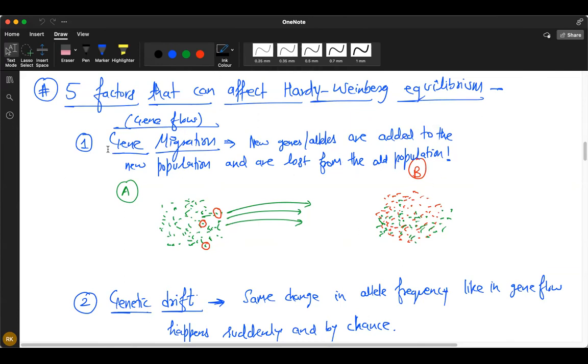Or Mamuna? Anyone? Just a quick revision of what the factors are that affect Hardy-Weinberg equilibrium.